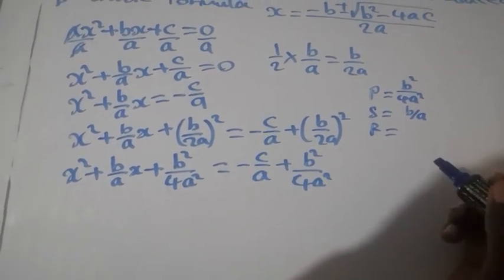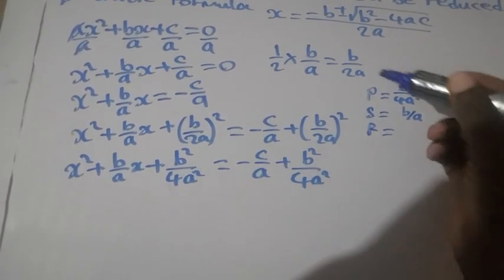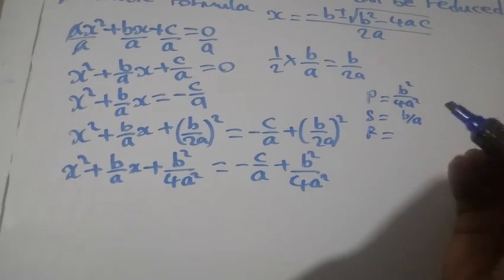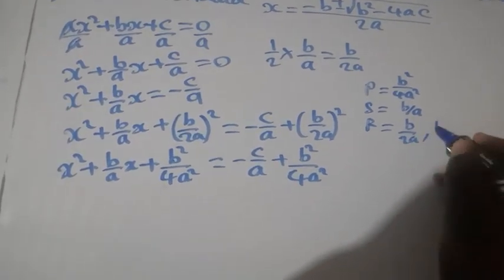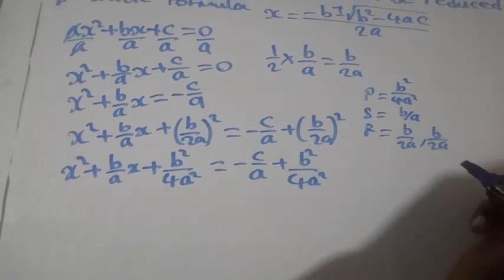As for the factors, we pick the same half, which is b over 2a, b over 2a.